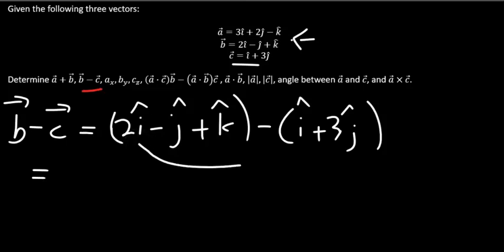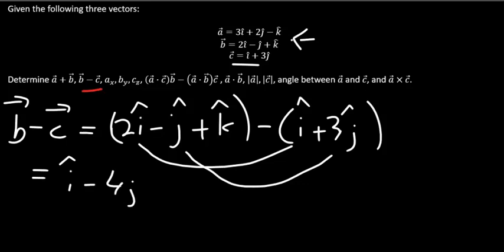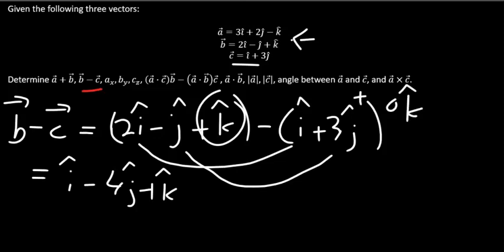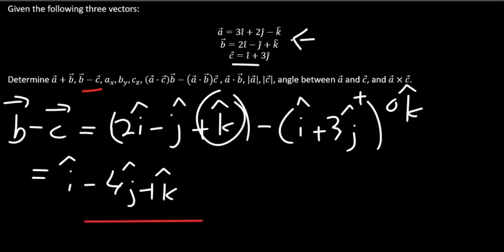So 2i hat minus i hat is i hat, minus j hat minus 3j hat is minus 4j hat. And here you have k, and over there is no k, or you can assume it is 0k hat. So k hat minus 0k hat is just plus 1k hat. This vector is the result of subtracting C from B.